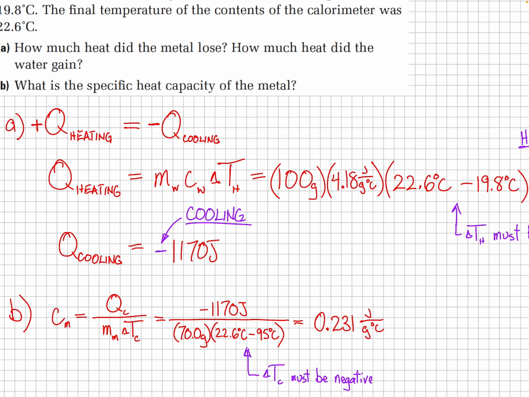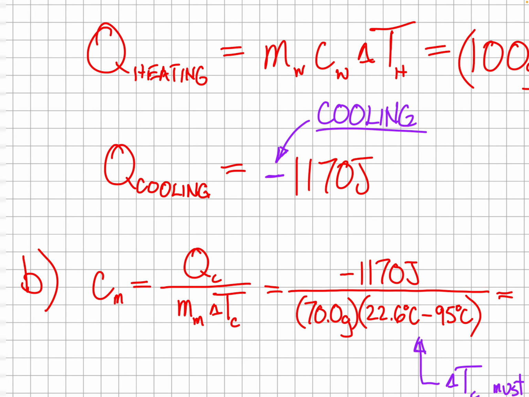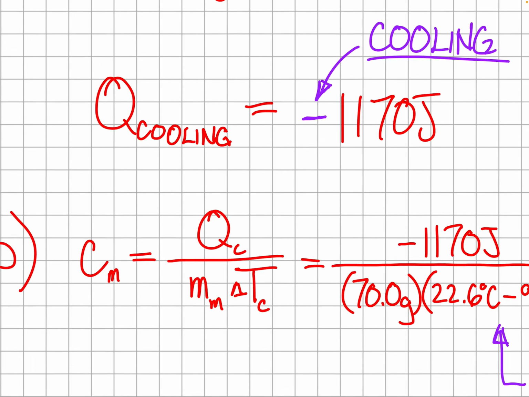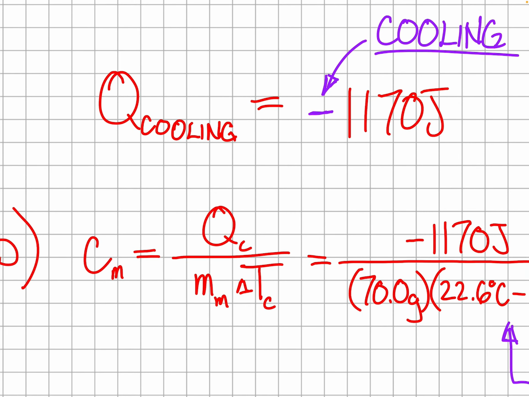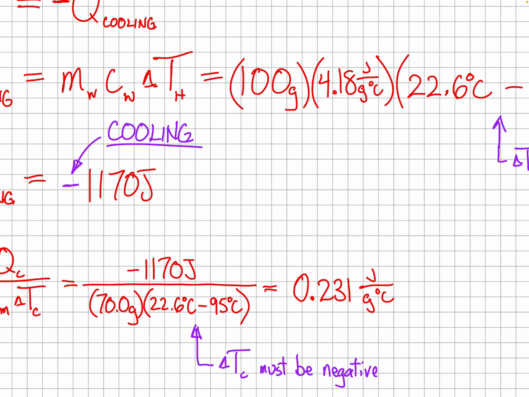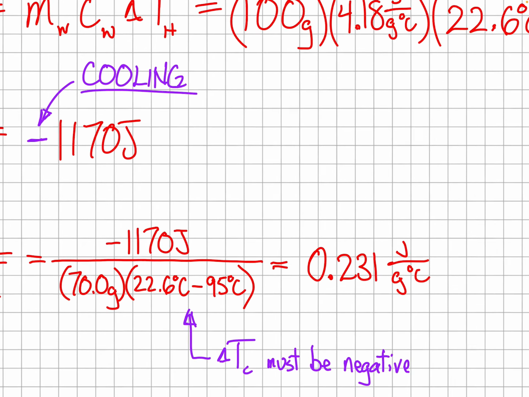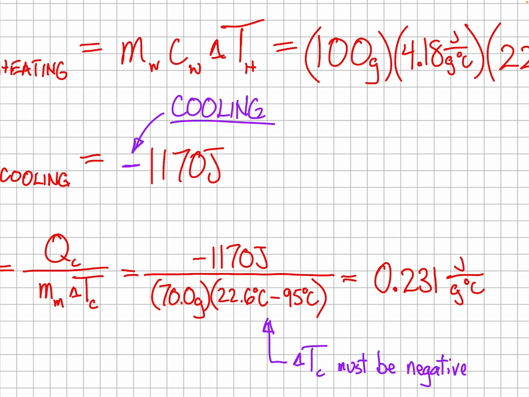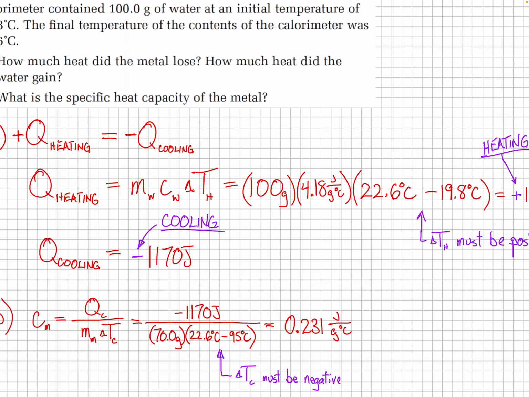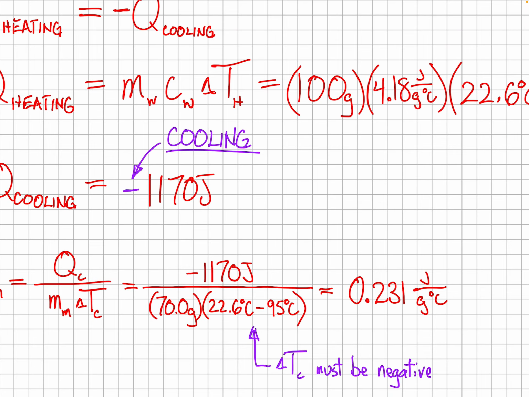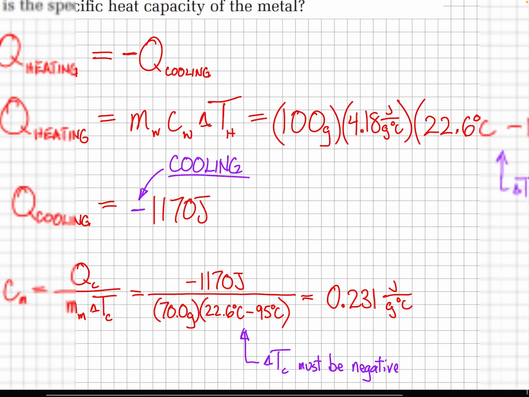The second part, B, what is the specific heat capacity of the metal? Here we have to rearrange our equation, Q equals mc delta T. We have to solve that equation for C, which I've done here. We then plug in our values. In this case, our change in temperature needs to be negative because what we have here is a system that is cooling.